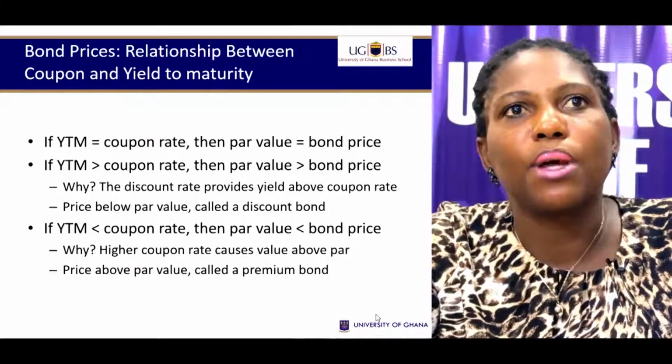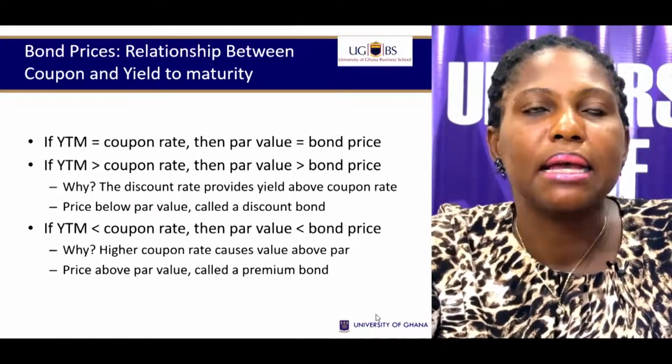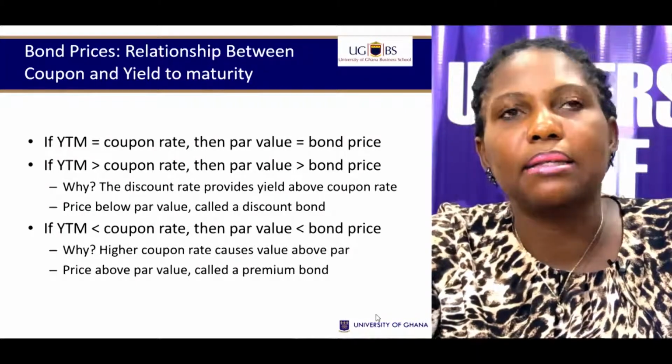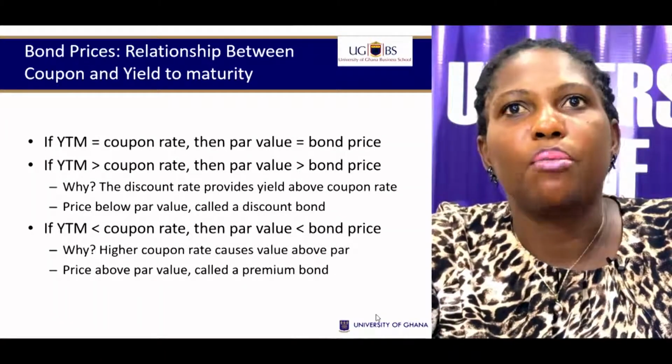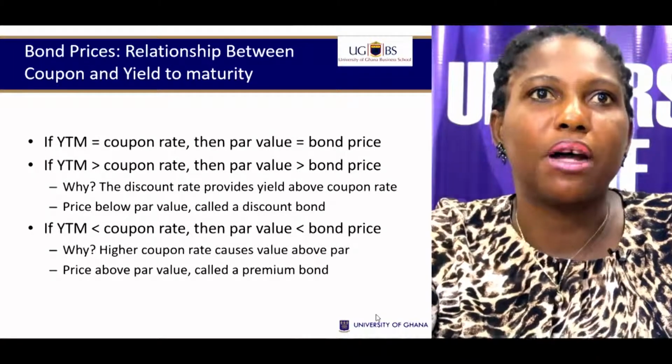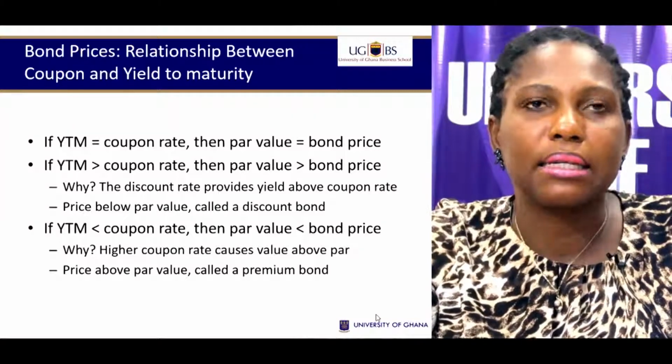On the other hand, when the yield to maturity is higher than the coupon rate, it means that the firm is paying less than what the market requires, for which reason the bond price is going to be less than the par value. That literally means that the bond will be traded at a discount.